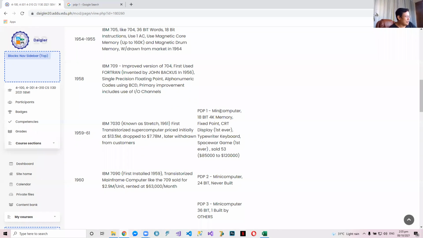So transistors are very small and much cheaper devices than the vacuum tubes. DEC released their first computer called the PDP-1. This is the DEC PDP-1 we are trying to program, okay? 18-bit computer, 4K memory. Fixed point arithmetic. It has a CRT, the first ever computer with a CRT display. It has a typewriter keyboard, and it is the first computer to play a game called Spacewar.